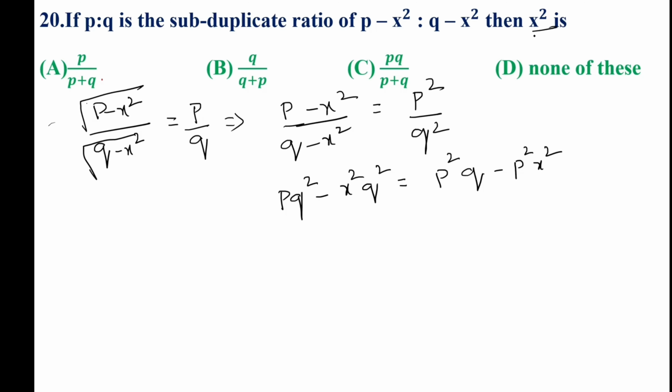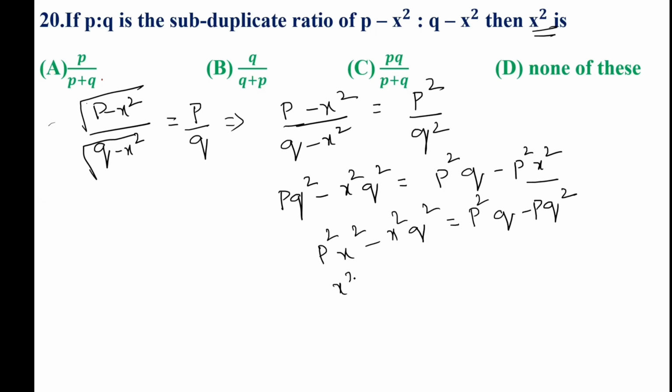As they have asked x square, keep x square on one side. Take p square q square to this side. So p square x square minus x square q square is equal to p square q minus pq square.